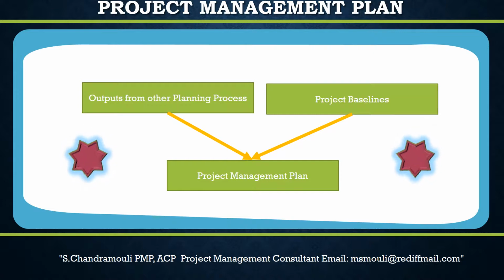It is actually a guide for the entire project over its life cycle. We document assumptions and constraints related to the project in the project management plan. It also documents project planning decisions for alternatives chosen. It defines key management reviews and duration.